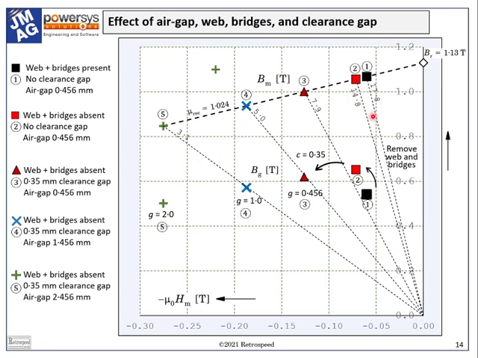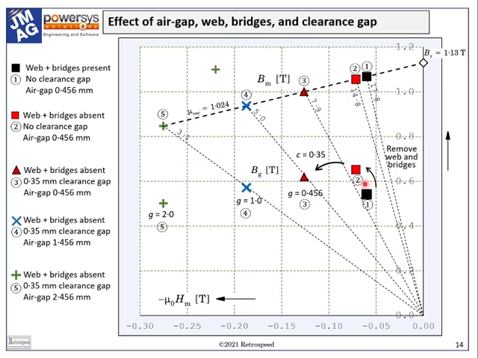We can say that the web and the bridges tend to raise the permeance coefficient, while at the same time they lower the air gap flux, because they are in parallel with the magnet and so they divert flux from the air gap. They actually tend to protect the magnet from the demagnetizing influence of the air gap and the reluctance of the remainder of the magnetic circuit in series with the magnet.